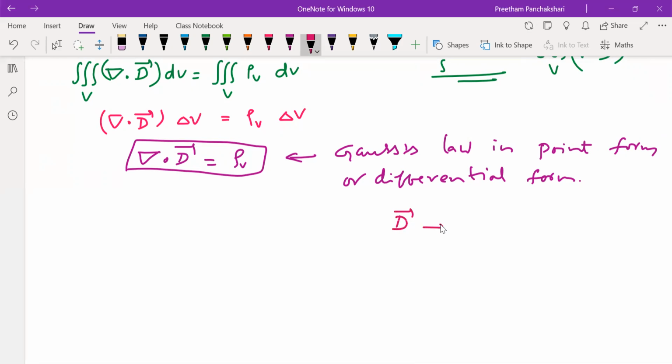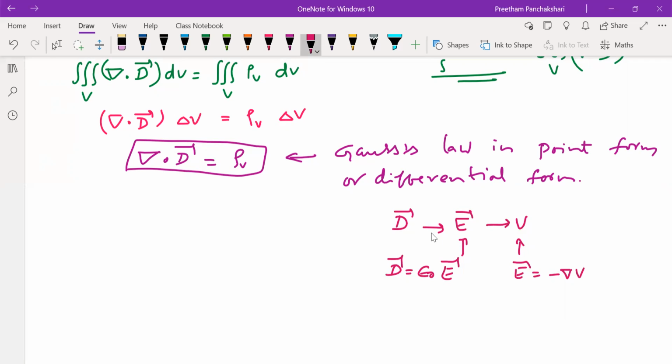I convert D to electric field intensity E. And we know that the relation between D and E is D equal to epsilon E. From this E, I'm going to get you the electric potential. And here also, we know that electric field is related to electric potential through gradient.